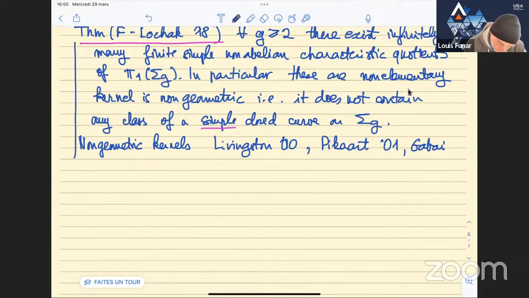Namely, of course, at first there exist such finite simple non-abelian characteristic quotients. Okay, that's the first thing, which are moreover non-geometric, so they are non-elementary. So for any G, you have at least 2 orbits. So that's the first corollary.